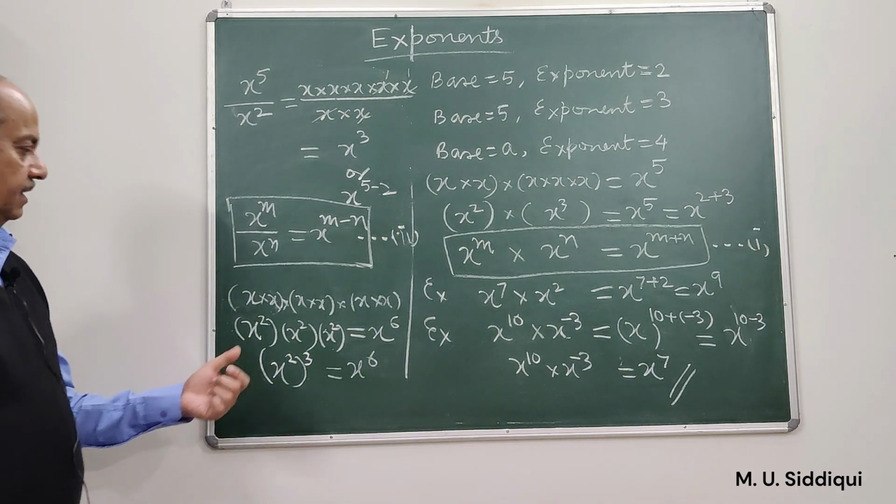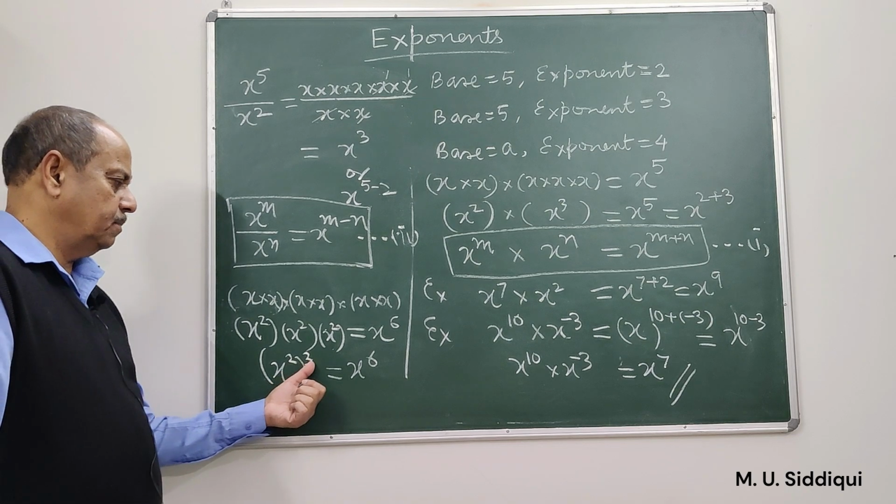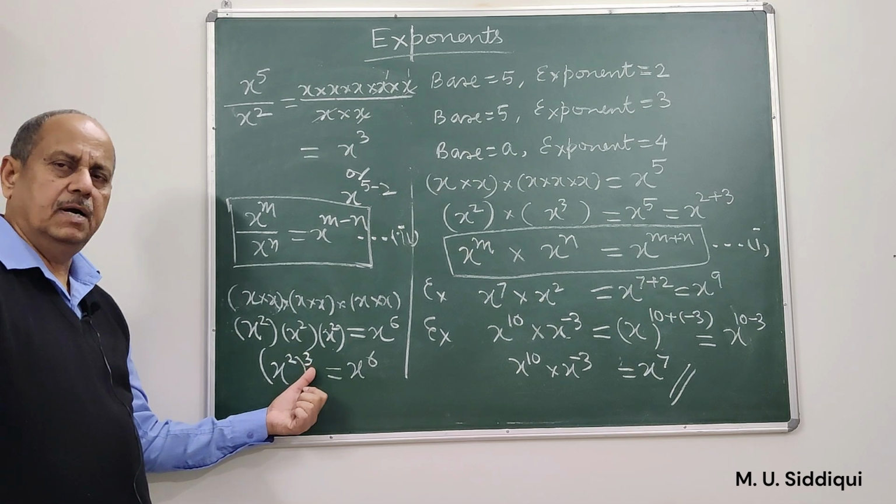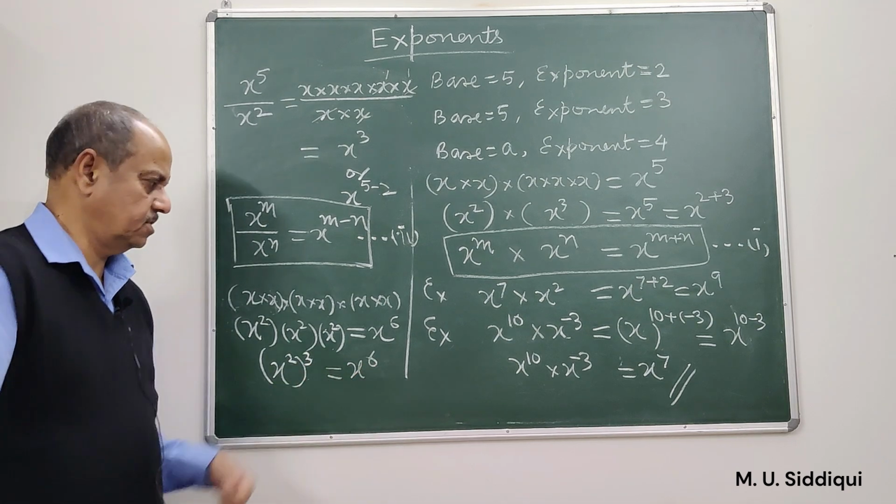Can you relate that x square raised to power 3 has become 6, and the relation is 2 multiplied by 3 is equal to 6.